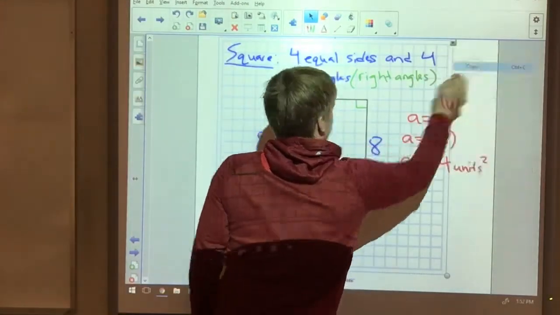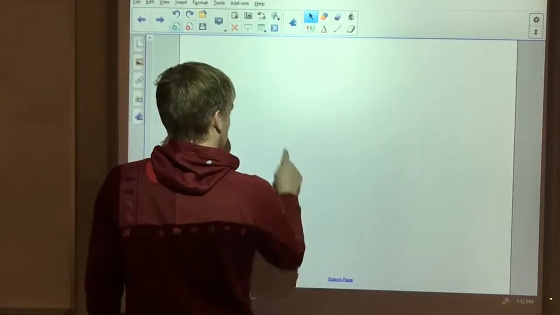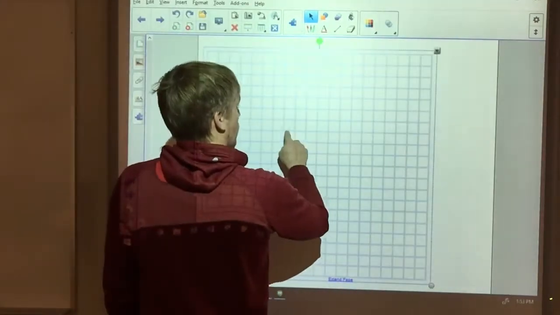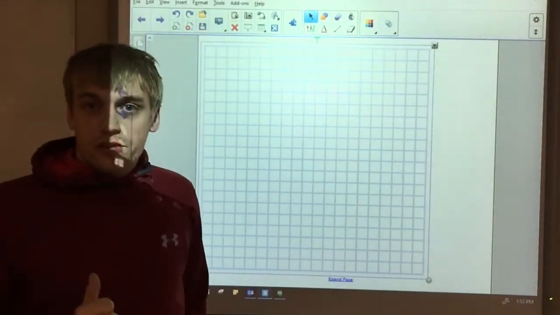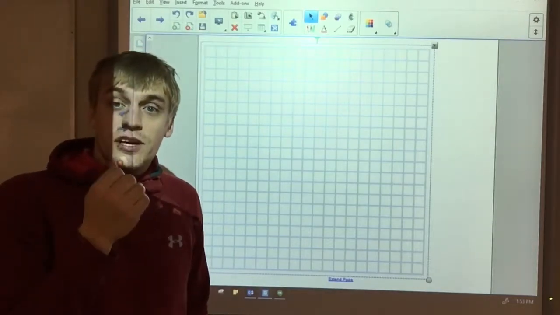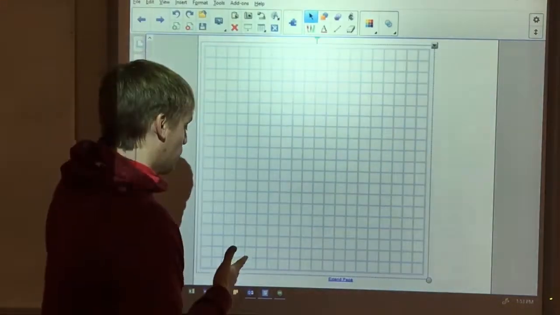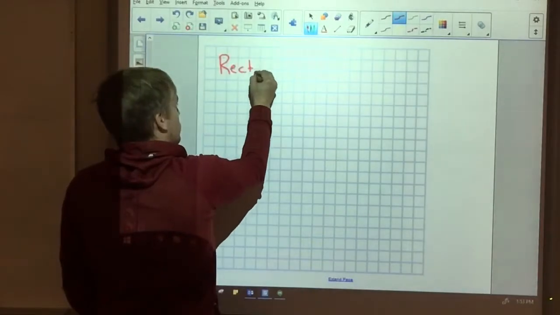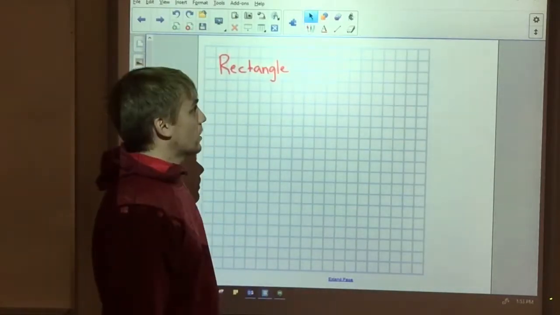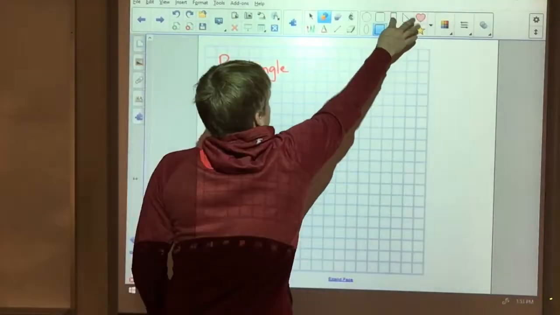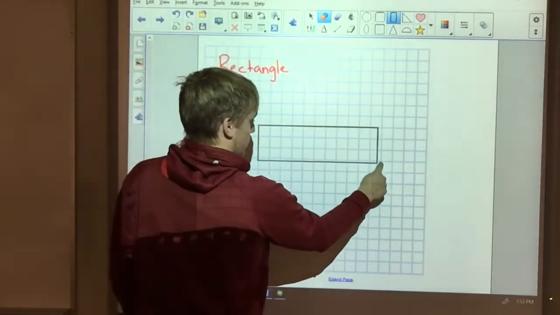Let's try another one here. So we're going to try another shape. Another shape is called a rectangle. A rectangle looks like this.